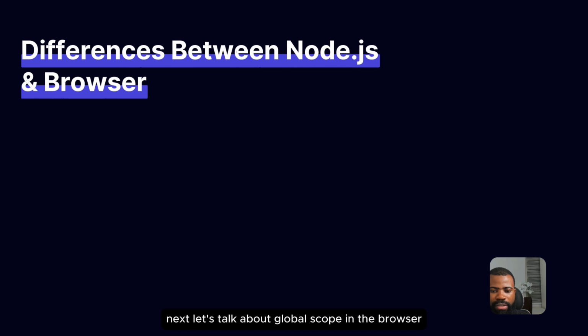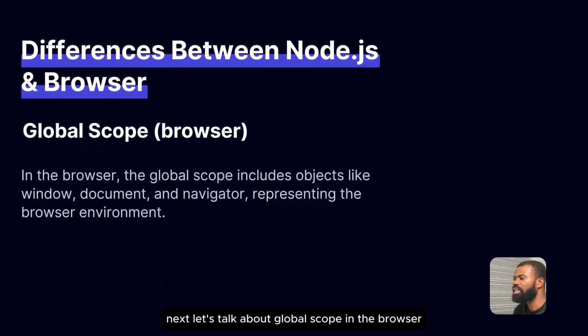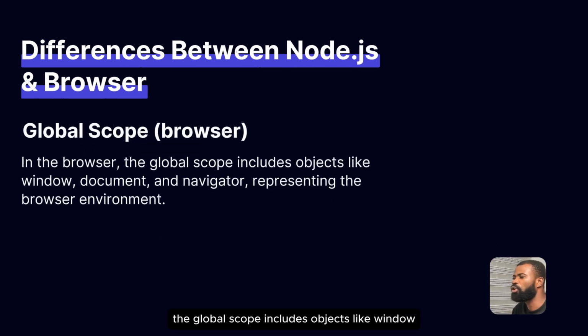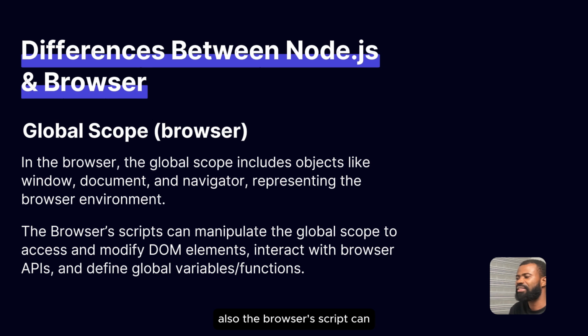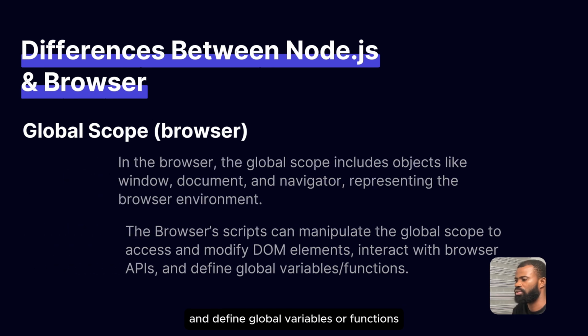Next, let's talk about global scope. In the browser, the global scope includes objects like window, document, and navigator, representing the browser environment. Also, the browser's script can manipulate the global scope to access and modify DOM elements, interact with browser APIs, and define global variables or functions.